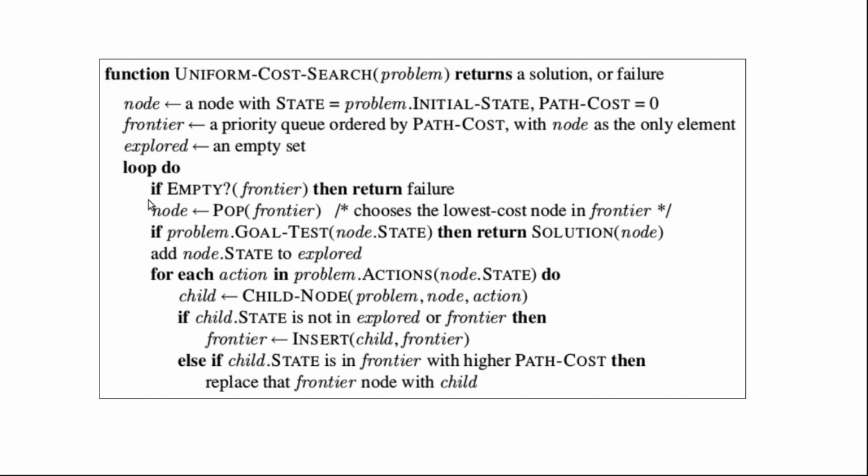However, if the node is not a goal node, then we add the node to the explored set, and then we find out what are the valid actions possible for that node, and for each of the valid actions we generate a node.